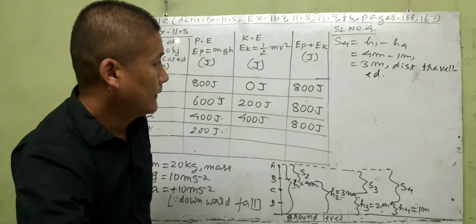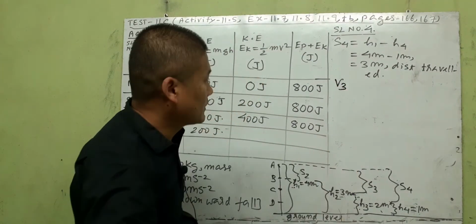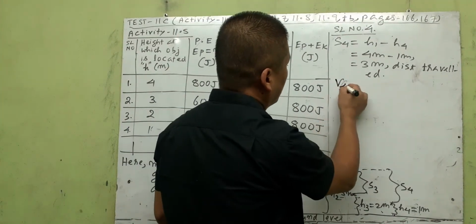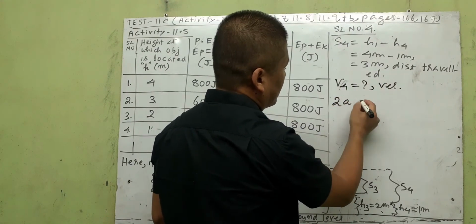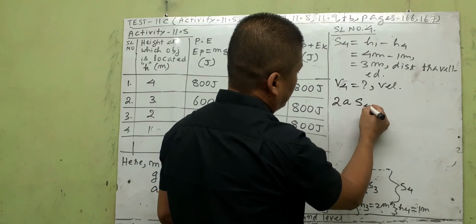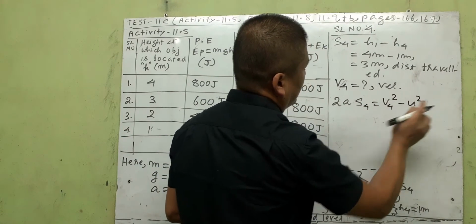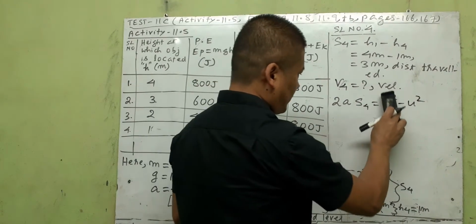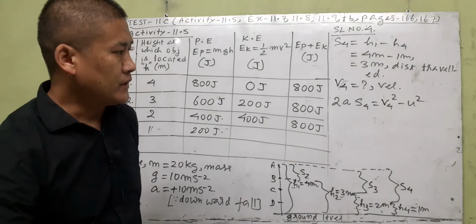Now V4, the velocity in the fourth case, serial number 4, we don't know yet, but we know this formula. A is not going to change. S in this case is S4, V4 square minus U square, using the equation for motion: 2aS is equal to V square minus U square.